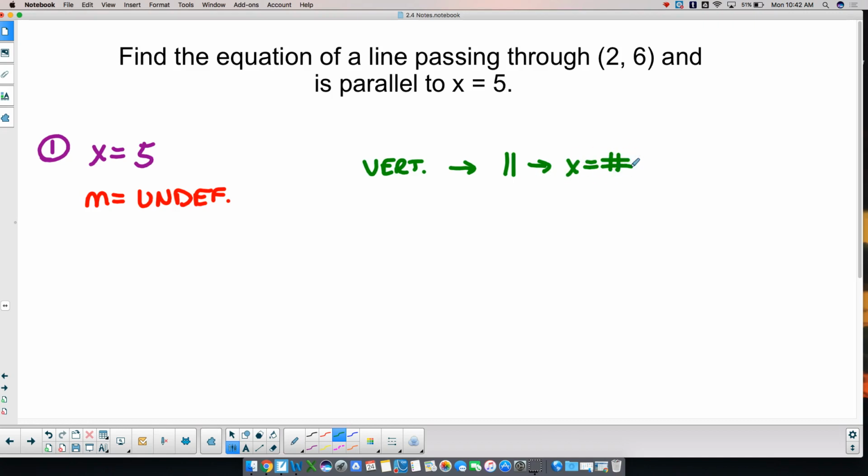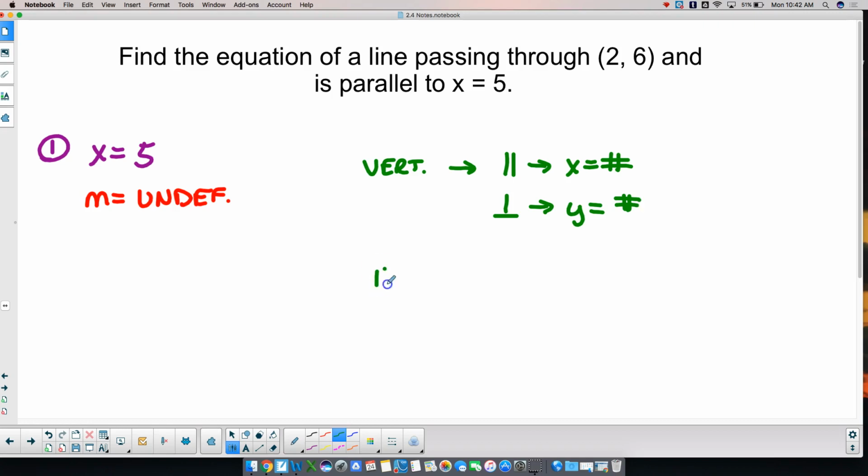And then you would take the x part of that point. Perpendicular lines are horizontal lines, so it'd be y equals some number, so it'd be the y part of that point.